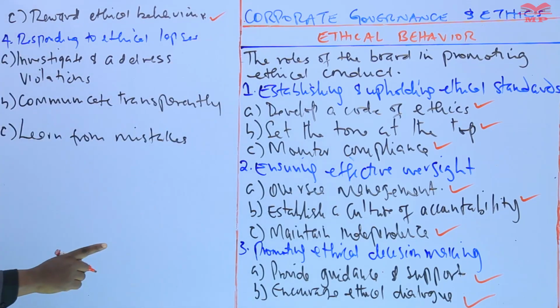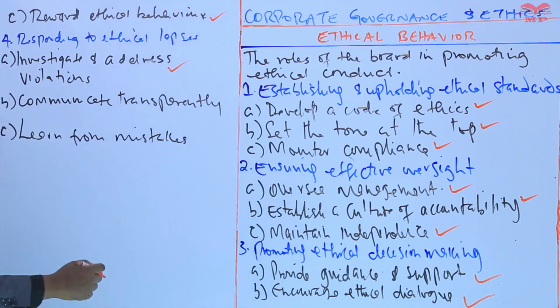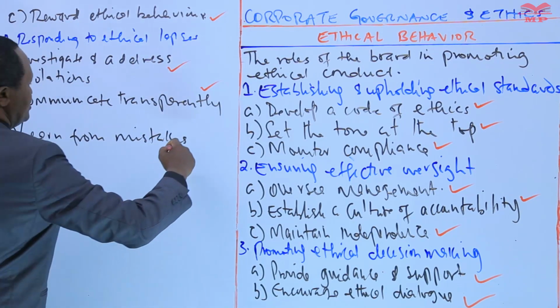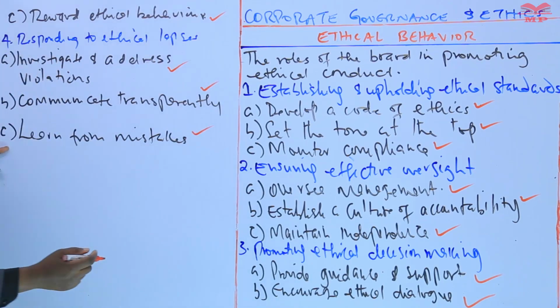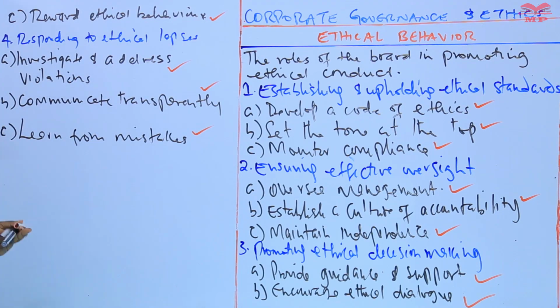The board also responds to ethical lapses, and that it does by way of investigating and addressing violations, by communicating transparently, and learning from previous lapses, using lapses as opportunities to improve. That is the role of the board. That is the end of the lesson.